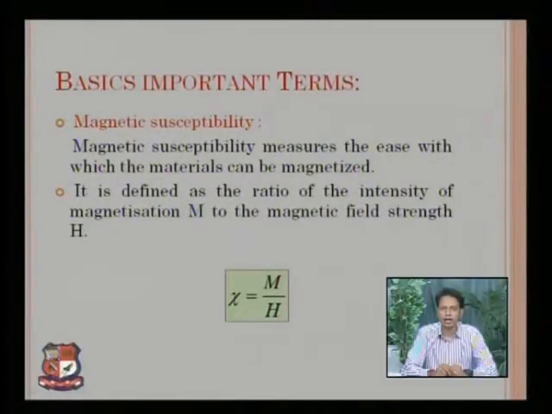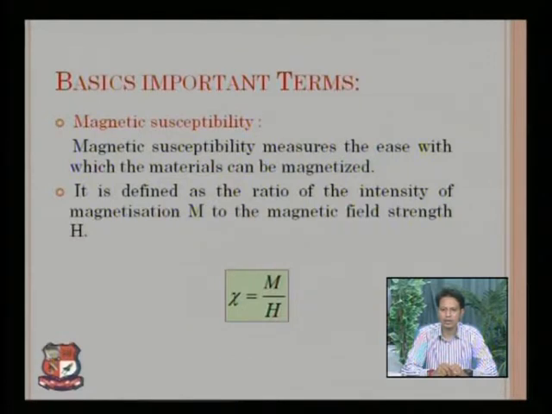That means how easily can a magnetic material or a magnet be magnetized? If a material is easily magnetized, it can be measured with the help of magnetic susceptibility. Magnetic susceptibility measures the ease with which materials can be magnetized.